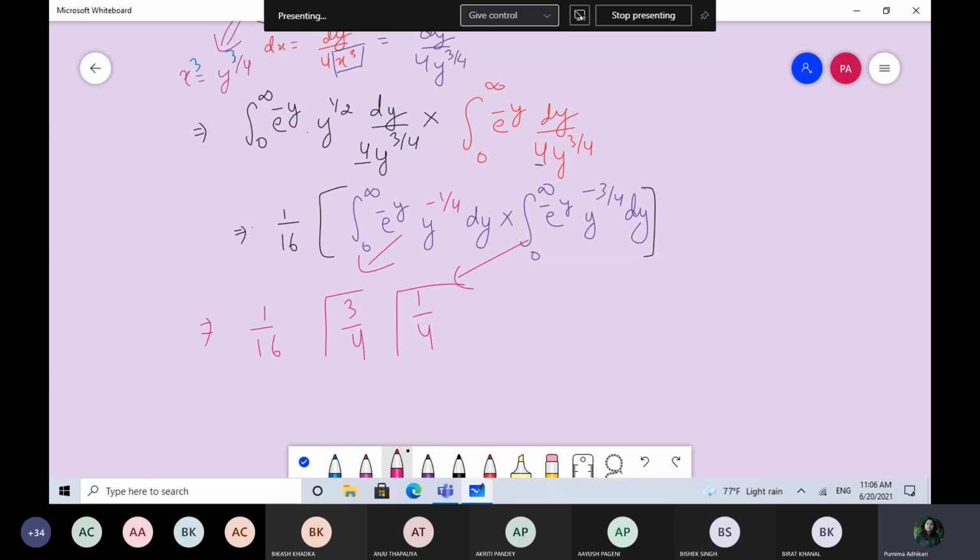So how are we going to solve this further? Any idea? Anybody have any idea? I'm waiting for your idea. How to solve this?